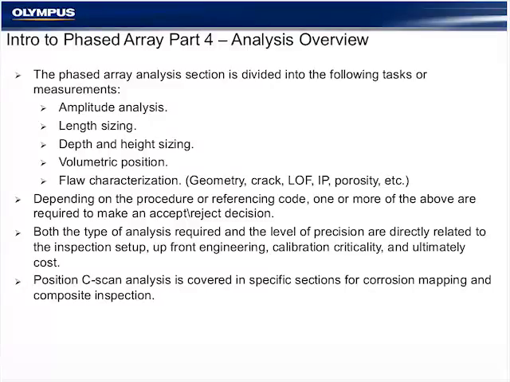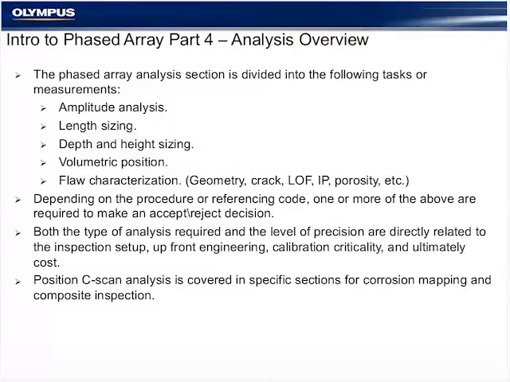So moving into analysis from acquisition, the phased array analysis section, and everybody in attendance is going to receive the full version of these from the training PowerPoints, but when we talk about analysis, we're talking about 5 specific groups of information for which an accept, reject, or information decision must be made.